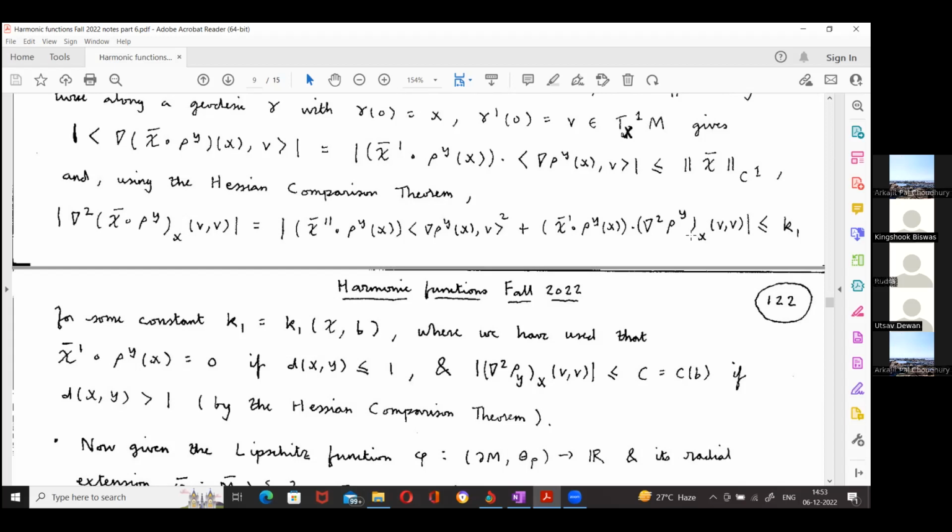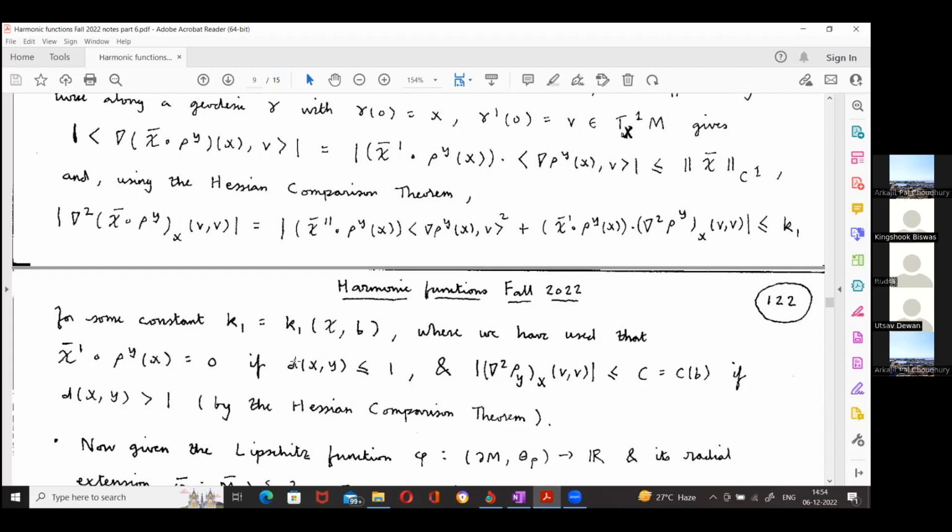So the point is that if the distance between x and y is less than or equal to 1, then this second term will become 0, because this chi bar prime will become 0. If the distance between x and y is less than or equal to 1, then chi bar is constant. On the interval from -1 to 1, chi bar is constant, so chi bar prime will be 0 there.